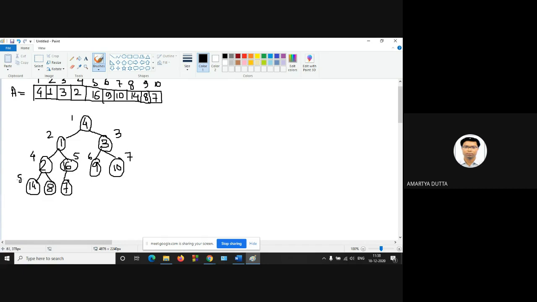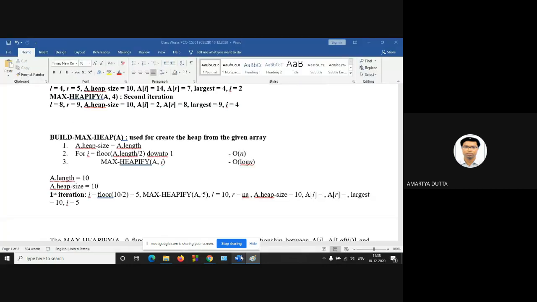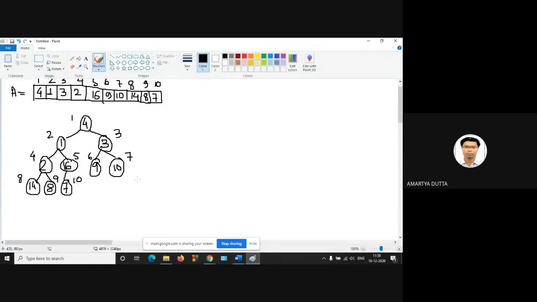This is index 8, this is 9 and this is 10. Okay. Now you have to call the build max heap. So A.length here is 10 and A.heap-size is also 10. Okay, so the heap size is 10.